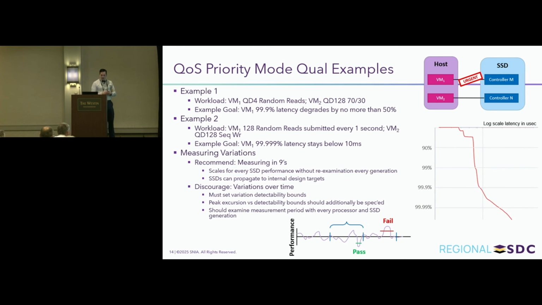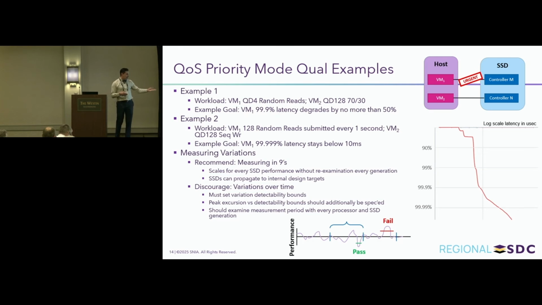This is in contrast to what I've seen historically. There have been a lot of variations over time, and as we move from PCIe generation to PCIe generation, they need to be re-examined. What is the measurement time, shown in blue curly braces there, that you're examining over? What width of peak?